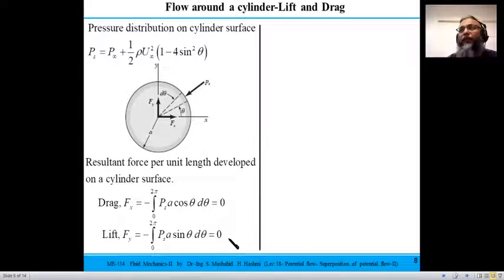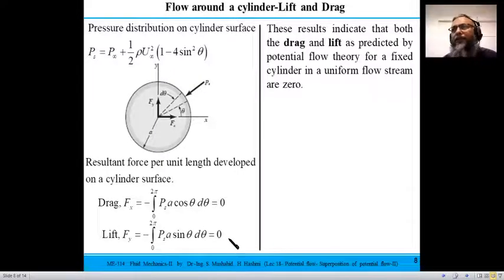But this is something which is strange. This result is predicting that the potential flow theory is unable to predict any drag. It says there would be a 0 drag and 0 lift, because potential flow theory assumes that there is no rotationality, there is no viscous effect. So it doesn't predict any drag.